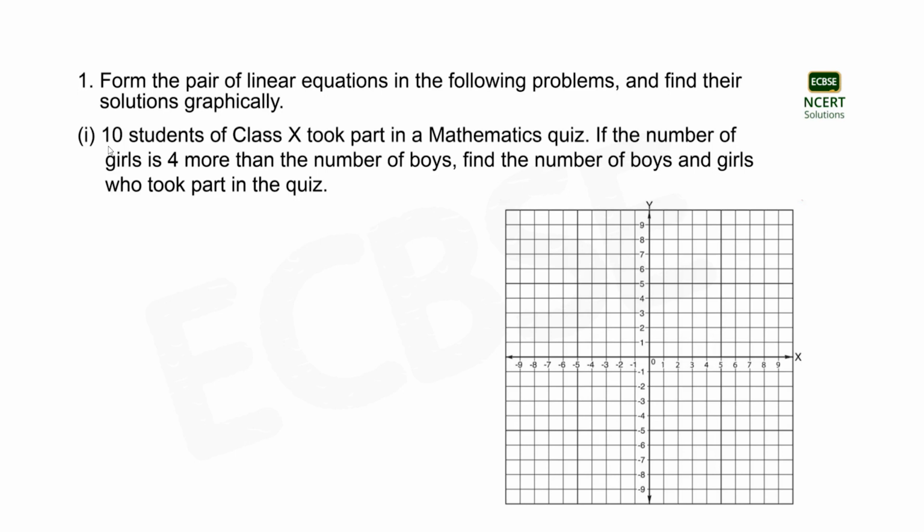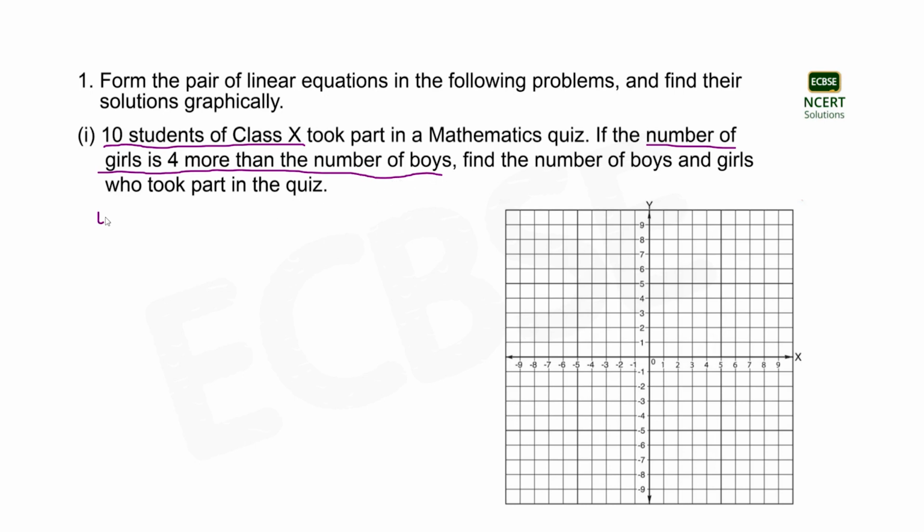First step is to figure out the conditions being provided in the question. The first condition is 10 students of class 10 took part, and the second condition is the number of girls is 4 more than the number of boys. This is the data which will be used to form the linear equations.